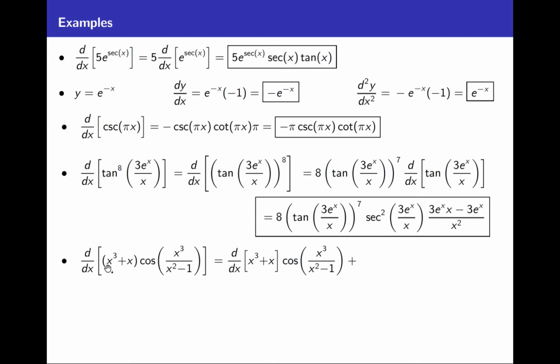Now, the product rule says you take the derivative of your first function, the derivative of x cubed plus x, multiply it times your second function, plus your first function, x cubed plus x, times the derivative of your second function. So there's the product rule right there.